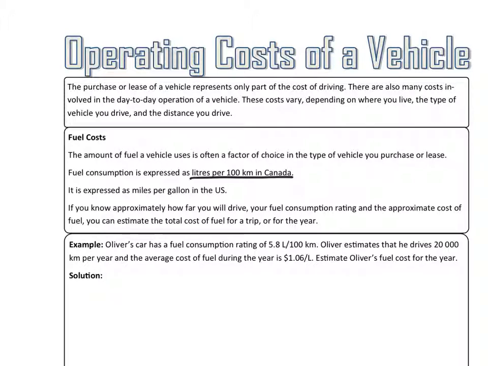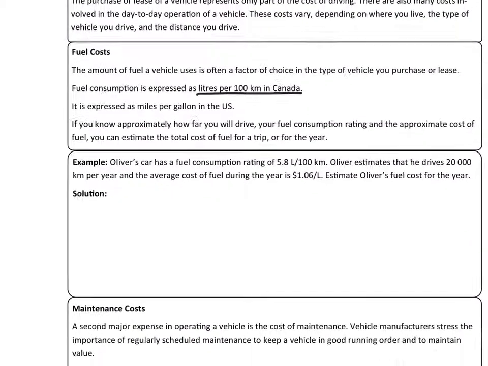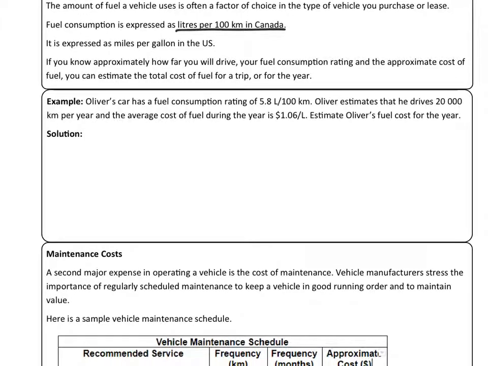If you know approximately how far you will drive, and you know your fuel consumption rating and the approximate cost of fuel, like from a nearby gas station, you can estimate the total cost of fuel for your trip or for the year. So that's one of the things that we can look at. So let's look at the example.